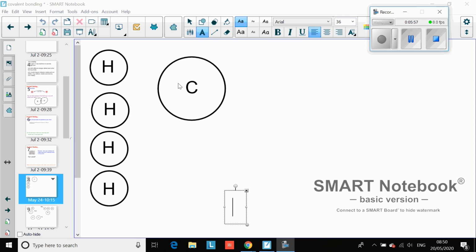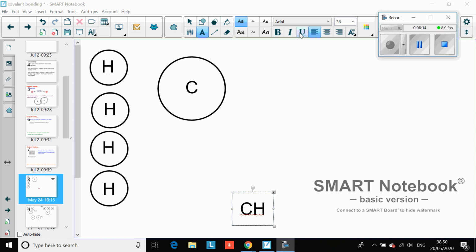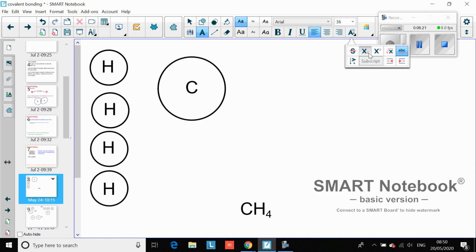Now, the compound which we can make from these 2 elements is CH4. CH and then a little 4. Okay, so here it is, CH4.